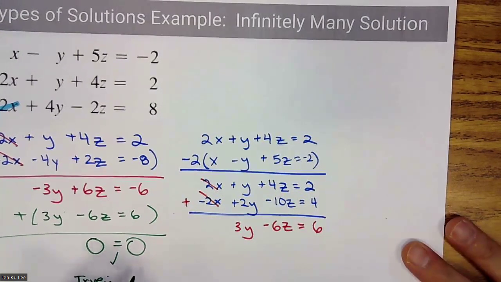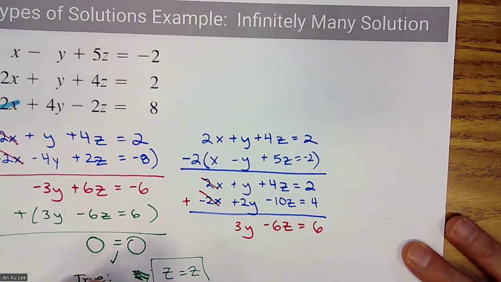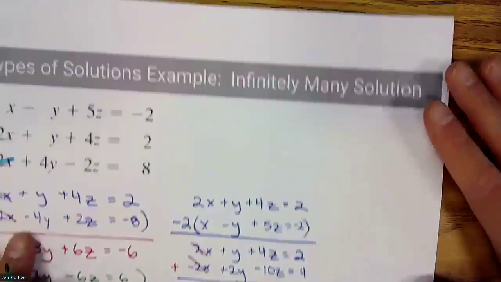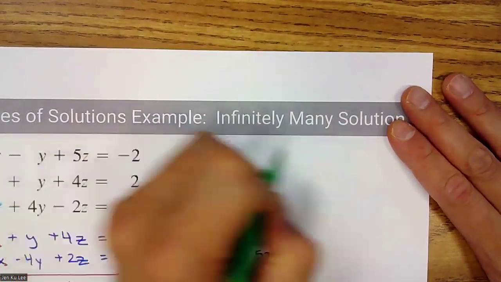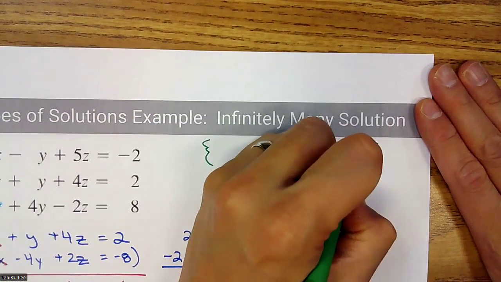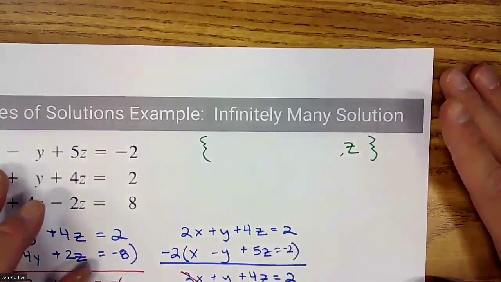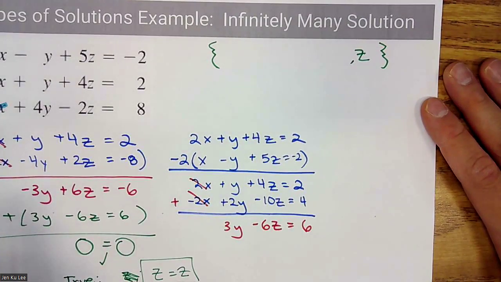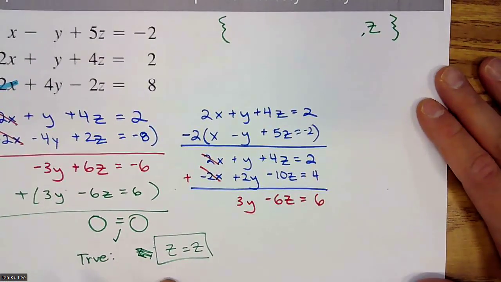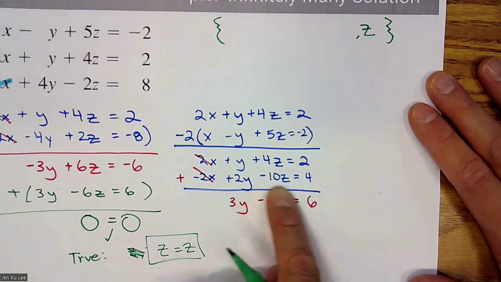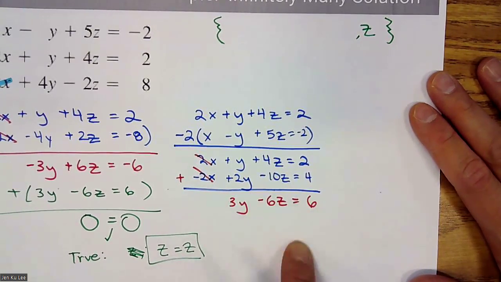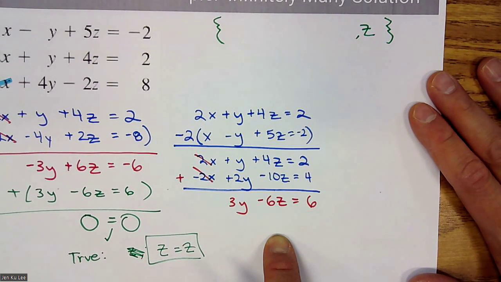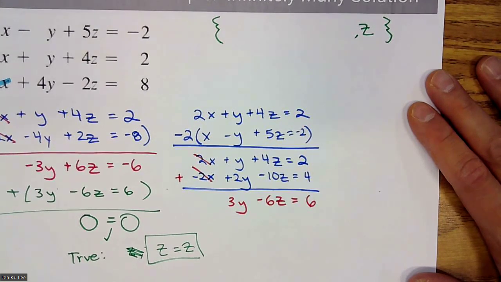So first things first, z equals z, right? So my solution, z is just z. Okay, that's the springboard. If z is just z, I'm going to get this equation and solve for y, in terms of z.